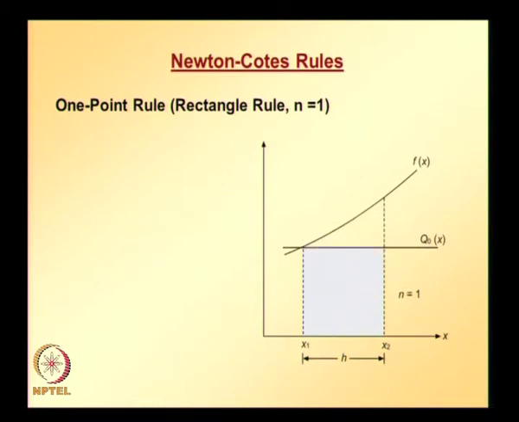So basically in rectangle rule, if you have a function f(x) to evaluate the integral of f(x) within the limits x1 to x2, it is approximated as the function value at one of the points, that is the lower bound, that is x1, function value at x1 multiplied by a weight.